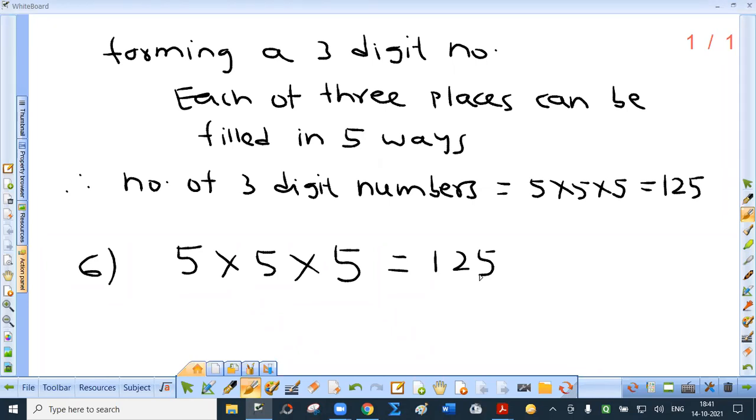Out of these 125 trials, only one is successful in opening the lock.